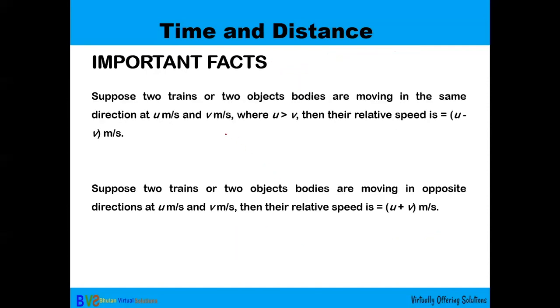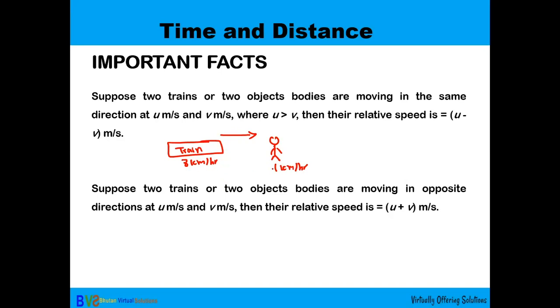Now, next, what you need to know: suppose there are two objects moving at a certain speed. For example, there is one train here moving at a velocity of 8 kilometers per hour in this direction. There is one more person, one man, traveling at 1 kilometer per hour.